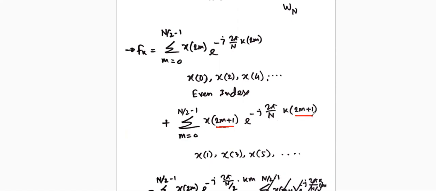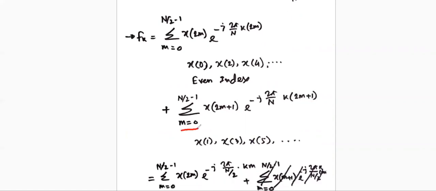Everything remains the same, just a dummy constant will play the part. Here the m is again from 0 to N by 2 minus 1. And if you put the value of m equals 0, you'll find x1, m equals 1, you'll find x3, m equals 2, you'll find x5, and so on and so forth.